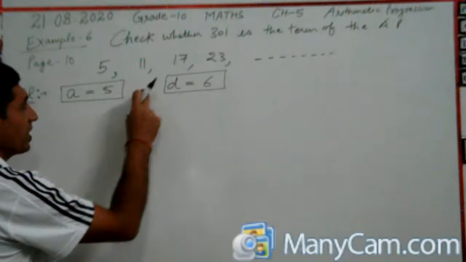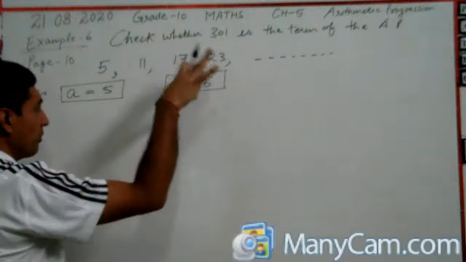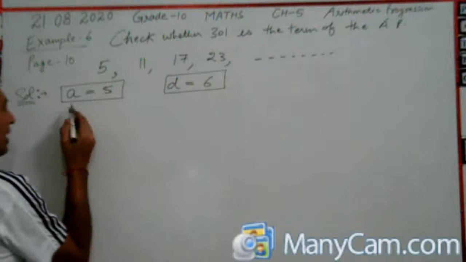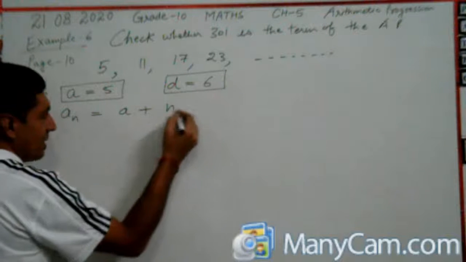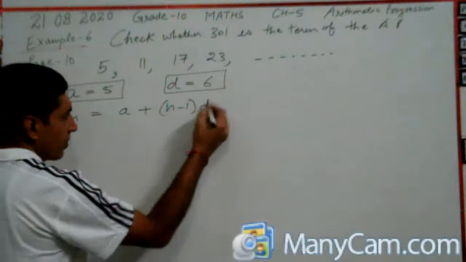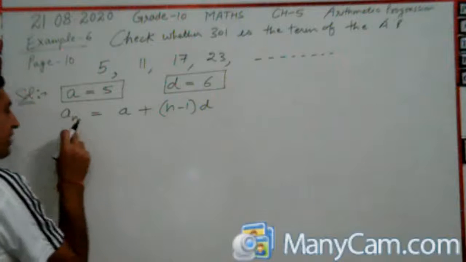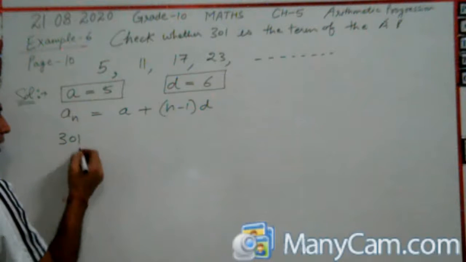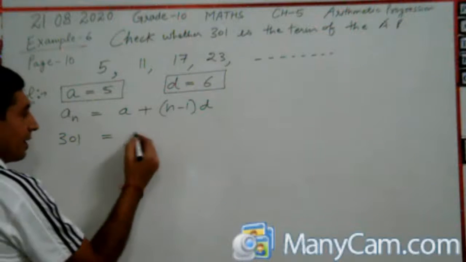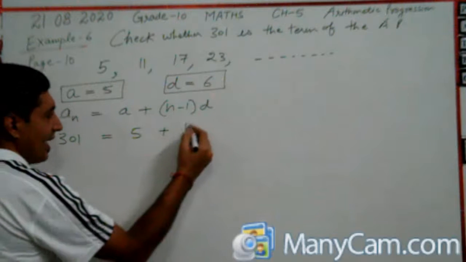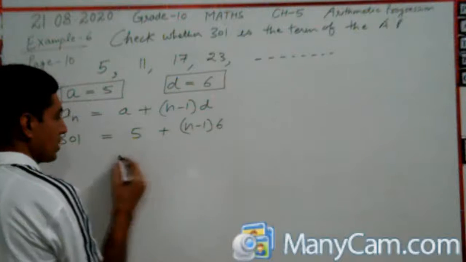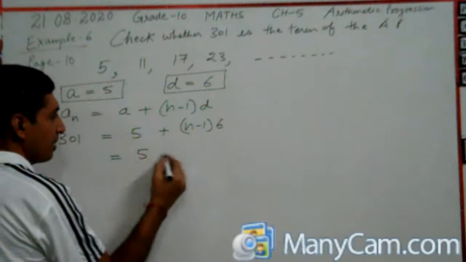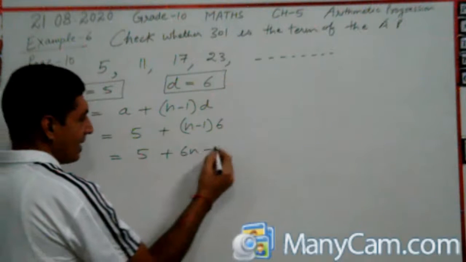Now to check whether 301 is a term of the AP, we have the formula: an is equal to a plus n minus 1 into d. Let's check if an is 301. Then a is 5 plus n minus 1, where d here is 6. So here we have 5 plus 6n minus 6.